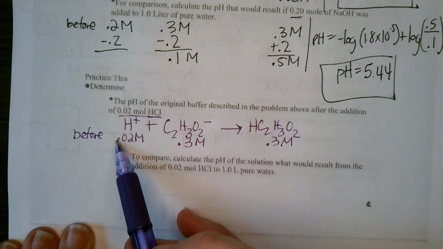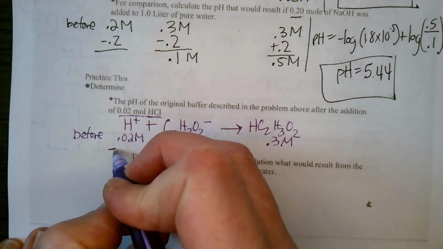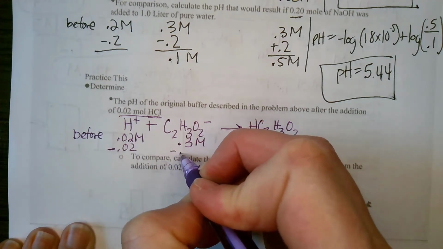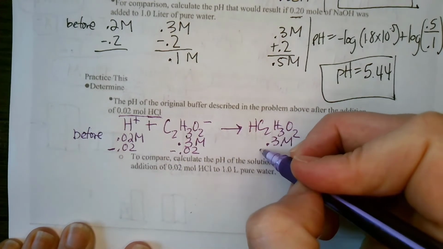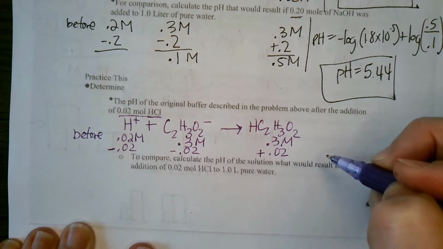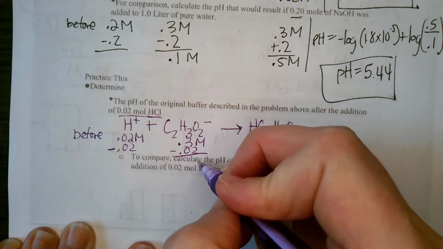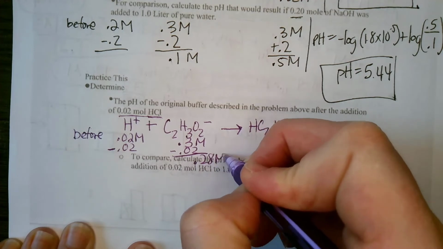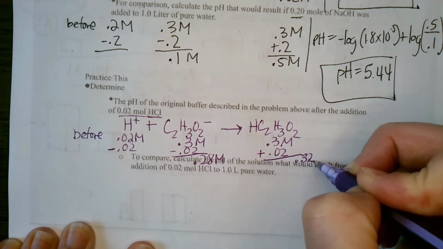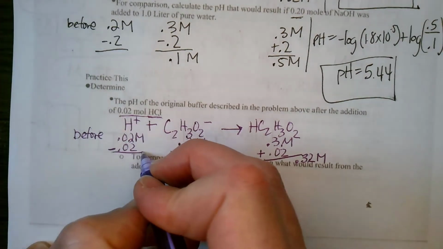And we are all in a 1:1:1 ratio, so we're going to consume our H plus first. So minus 0.02, and we'll consume our acetate, minus 0.02, which means we'll produce plus 0.02 for our acid. Now this gives us 0.28, and this gives us 0.32.